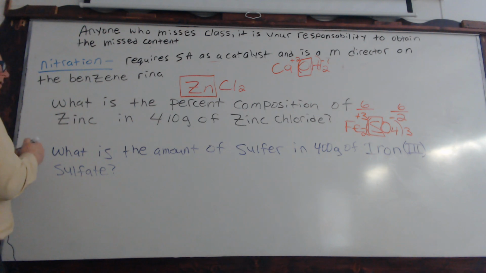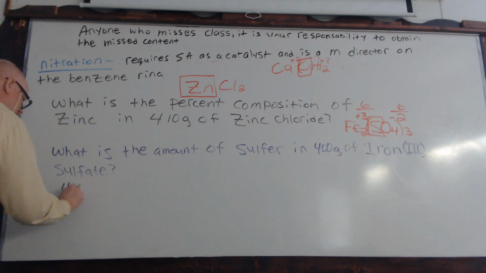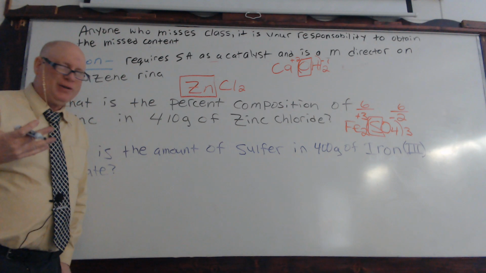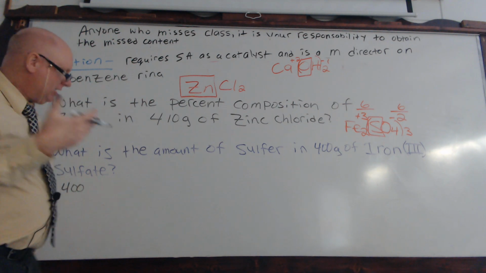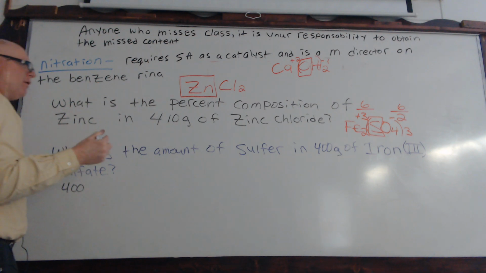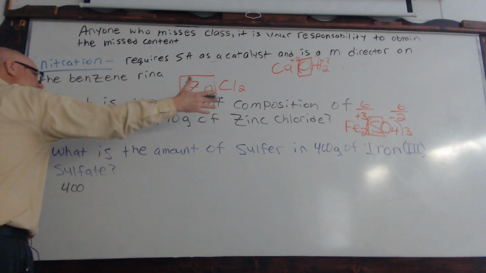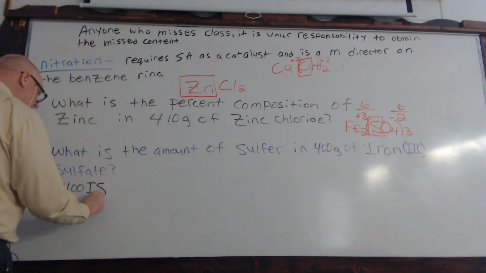So how do we start this problem? What's our beginning mass? 400 grams. See, we're answering these questions like we know what we're doing. So are we just wasting time? And that's fine. 400 grams of, and now since we have that written down over there, there's nothing wrong with writing iron sulfate.